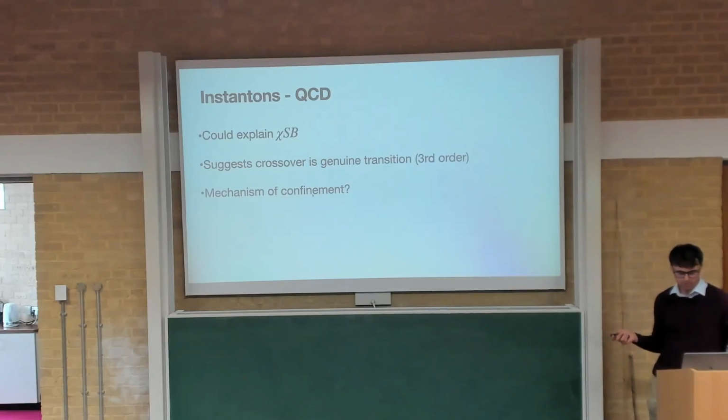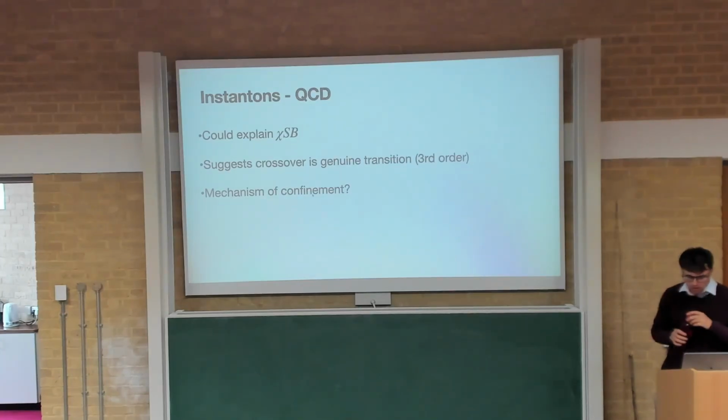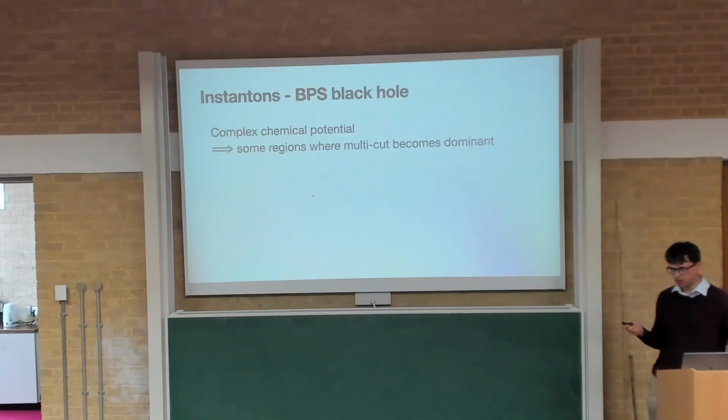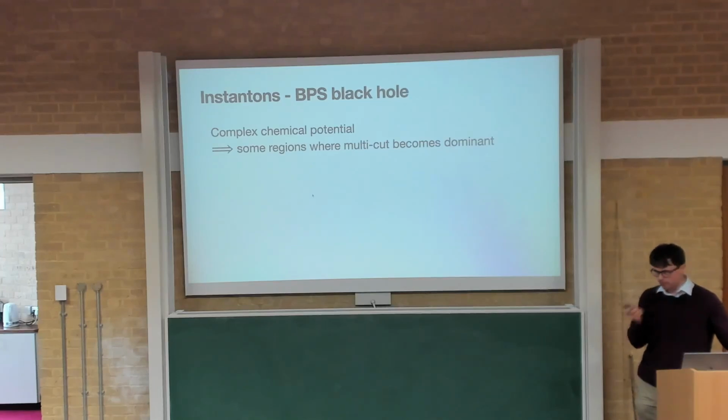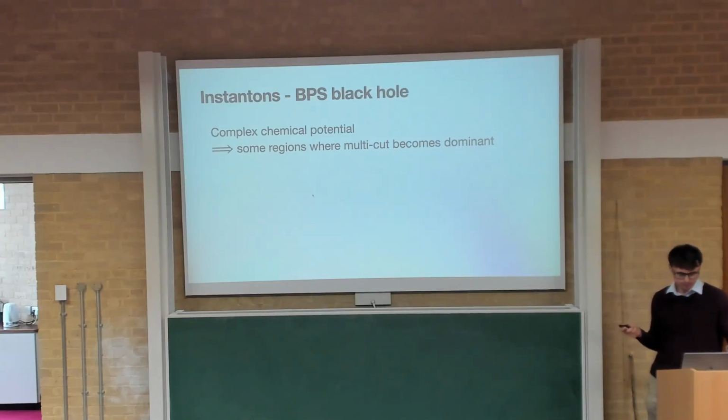For example, they might be related to the instantons which appear in the fractional instanton liquid model. But this was an aside to talk about real-world QCD. And then we'll take what we've learned and apply it to BPS black holes.